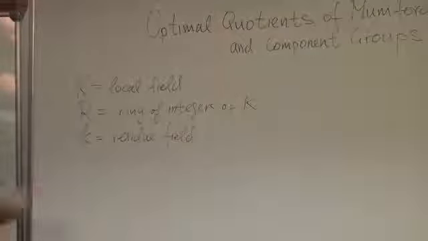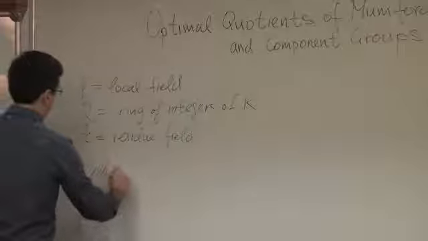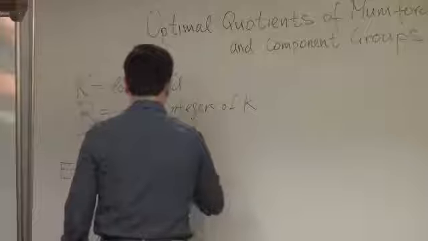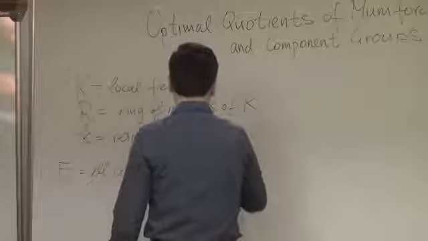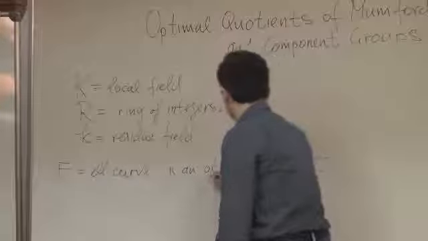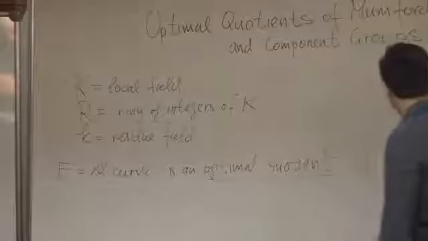And then E, an elliptic curve, is an optimal quotient of X, and this is a smooth projective curve.